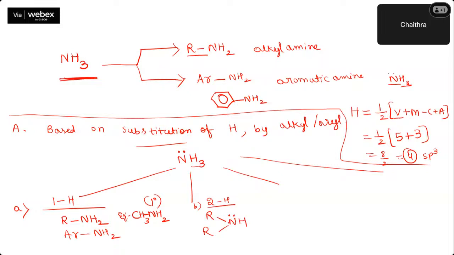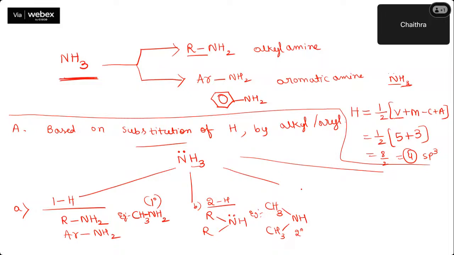Now can you tell me, students, what kind of amine is this? Nitrogen is directly attached to how many carbon atoms here? Okay, take an example if you get confused. So I will write CH3NHCH3. Can you identify here nitrogen is directly attached to how many carbon atoms? Yes, very good, Jyoti. So it is a secondary amine.